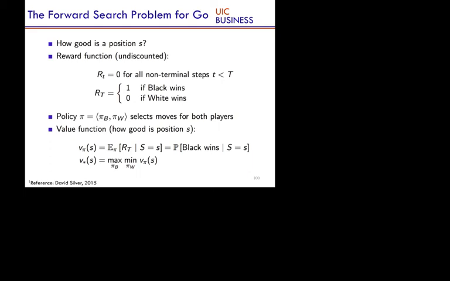Pretty straightforward. And then we're going to define the optimal value function to be the max-min version like this, where the black player is trying to maximize the value, whereas the white player is trying to minimize the value, because they're playing against each other. So we're going to define the value function this way.